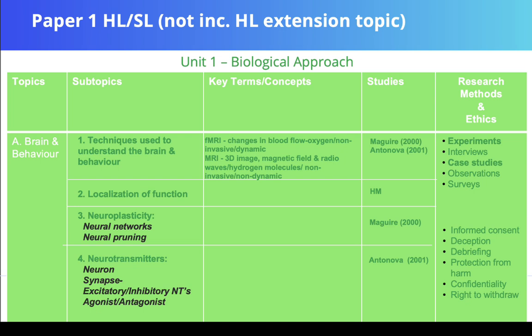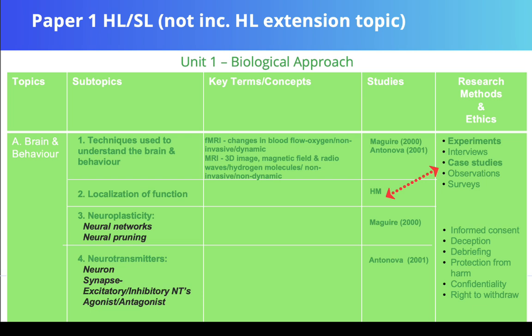And finally, I think about the research methods and ethics that are most applicable to this topic. So I have a range of research methods that are used in psychology. And when I look at the studies that I've maybe put into the studies column, I would be thinking about what are the main methods that have been used to investigate the brain and behaviour. It's very clear that experiments are a very common method. Now that only gives me 1 though, so it would be good to make sure that I also have another example of a method in case again an essay comes up about the methods when we investigate the brain and behaviour.